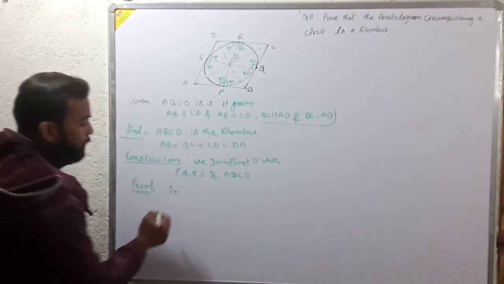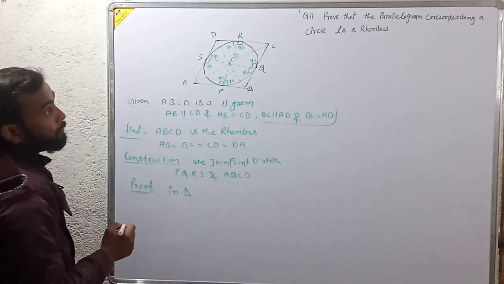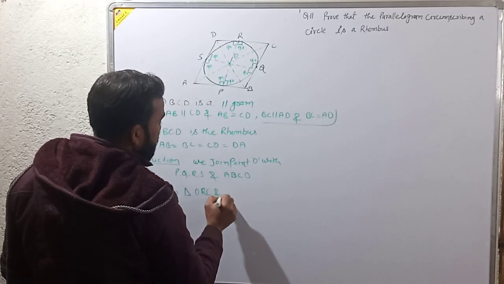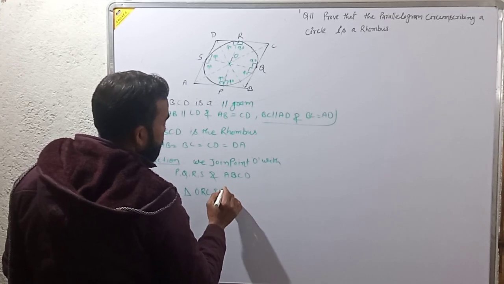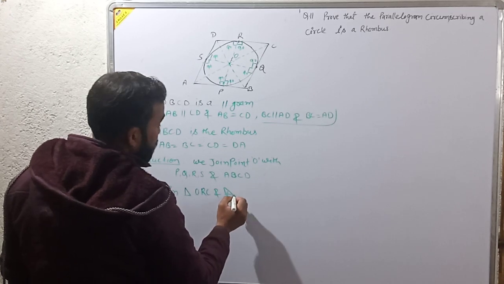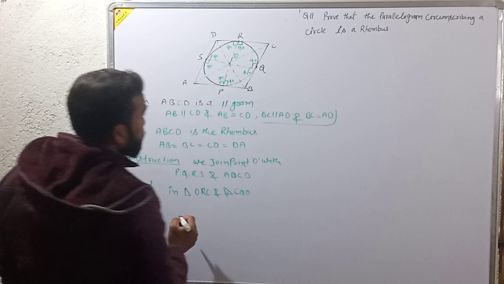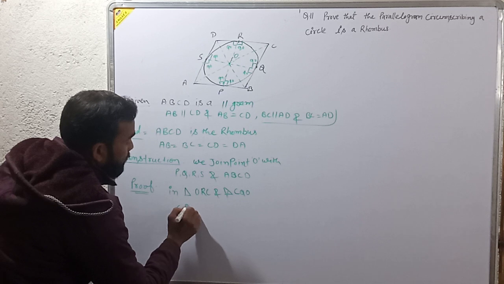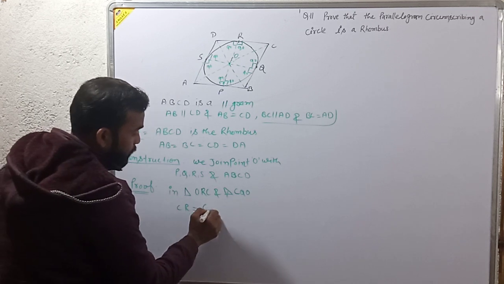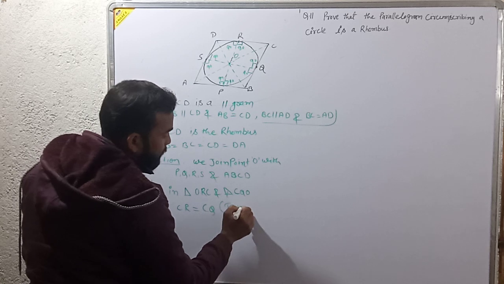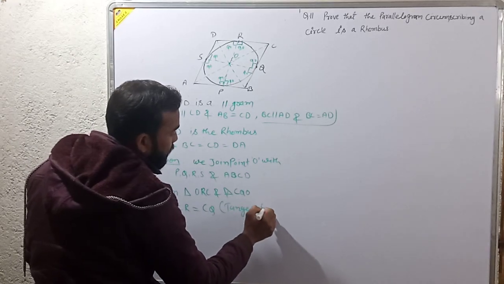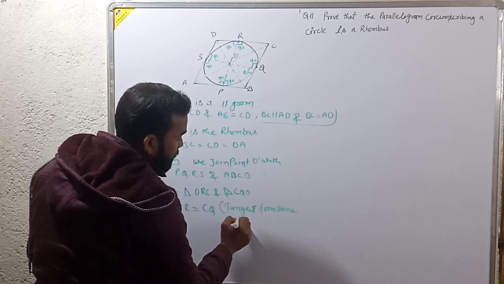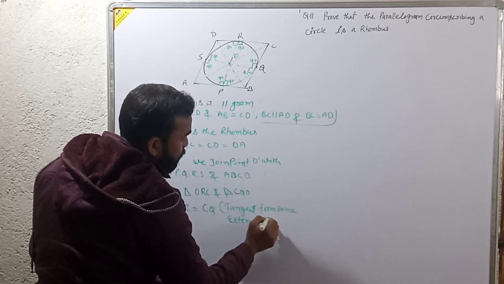Clear? In right angle triangle CRO and right angle triangle CQO, CR is equal to CQ, tangents from the same external point.